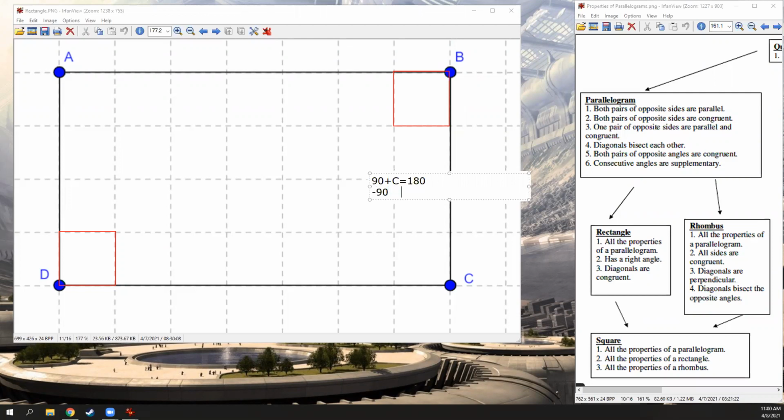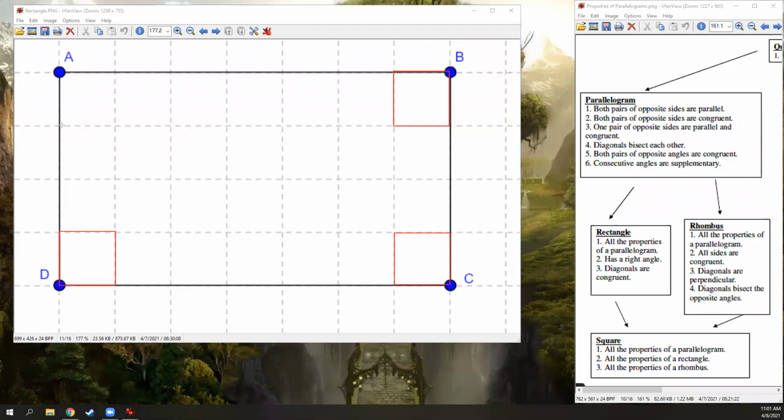Minus 90 from both sides. You get C equals 90. Because, well, it's a rectangle, 90. So once one angle in a parallelogram is 90, they're all 90 because consecutive angles, opposite angles are equal, all those properties we just talked about, okay? So it has a right angle, which means it has 4 right angles.